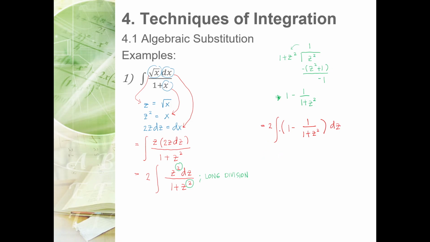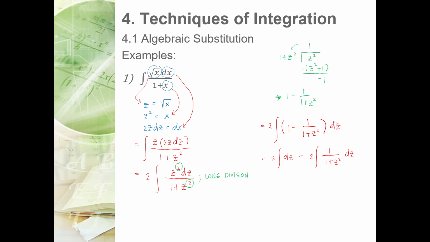If you want to separate the two integrals, you may do so, so that you know how to gauge the level of difficulty for each term of your integral. So 2 integral of 1 over 1 plus z squared dz.